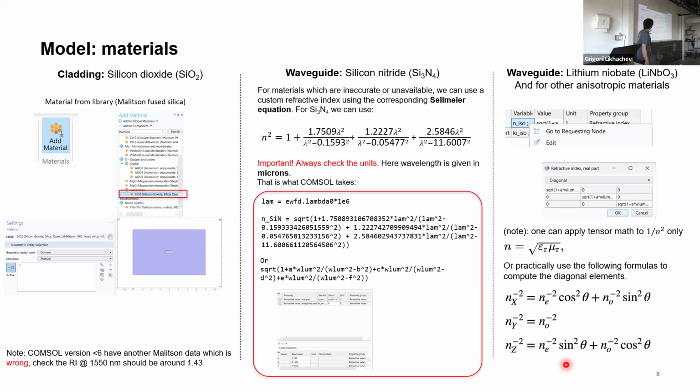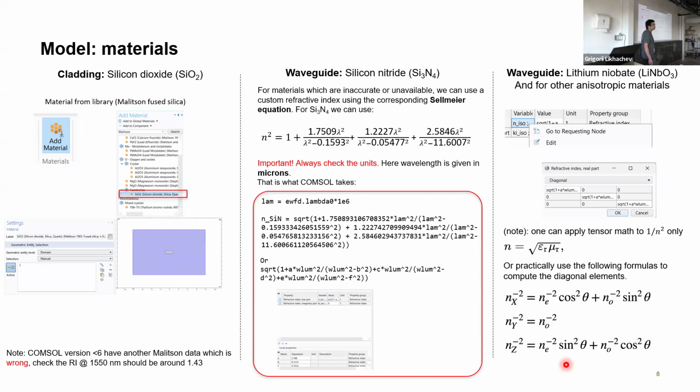And then we do a similar fitting to extract some parameters. Two different orders, and basically just fit it with such a formula, and you get all the parameters, and then we can put this into COMSOL, and you will just basically use the same model. That's what we do for silicon nitride.